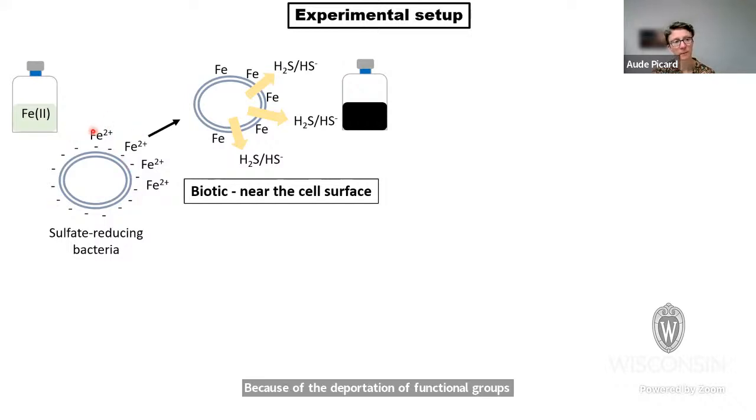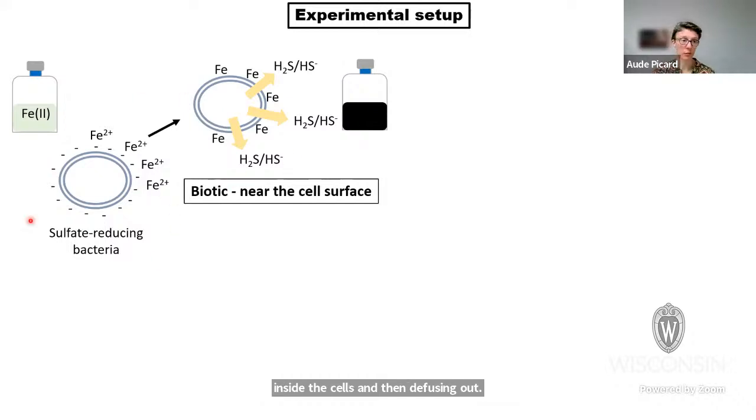So in those conditions, we expect the cells to act as templates, where we first have iron binding and then the sulfide being produced inside the cells and then diffusing out.